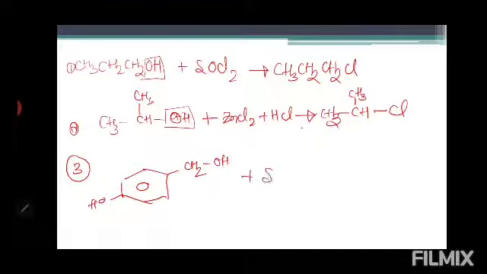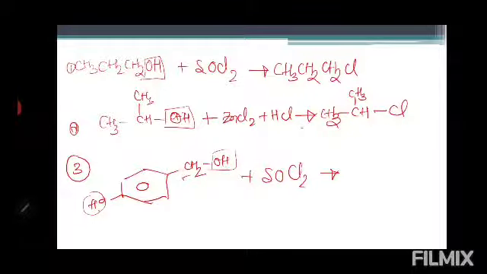Suppose we have a benzene ring with OH and CH2OH. If you treat it with thionyl chloride, or do chlorination using phosphorus trichloride or phosphorus pentachloride, then what is the product? Now see, this OH is a phenolic OH, which is attached to the benzene ring, and this other OH is attached to the alkyl group CH2.